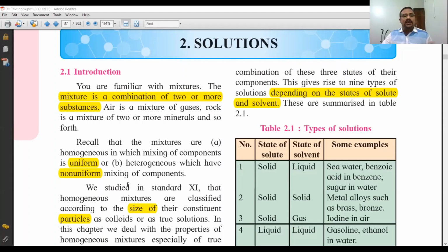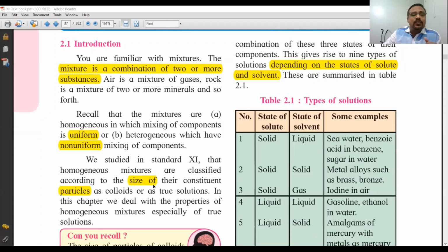Students, what is given in the next line? We studied in 11th standard that homogeneous mixtures are classified according to the size of their constituent particles as colloids or true solutions. See the line. Here I want to highlight this word.